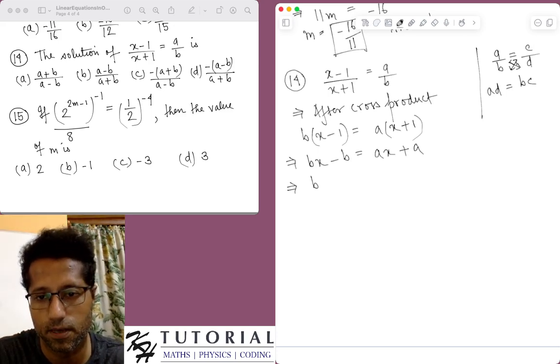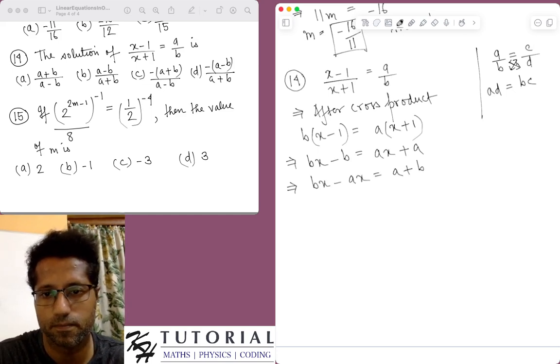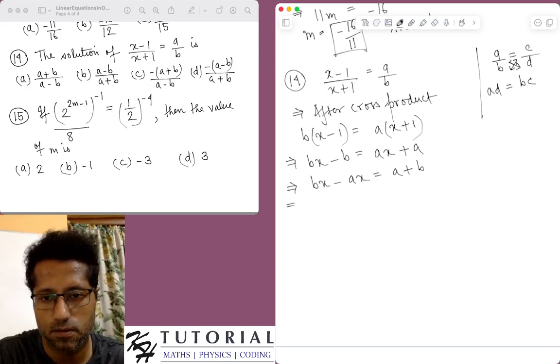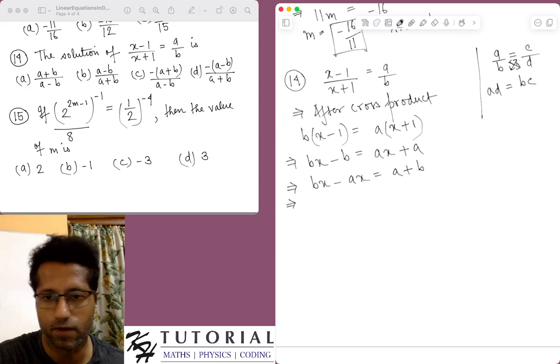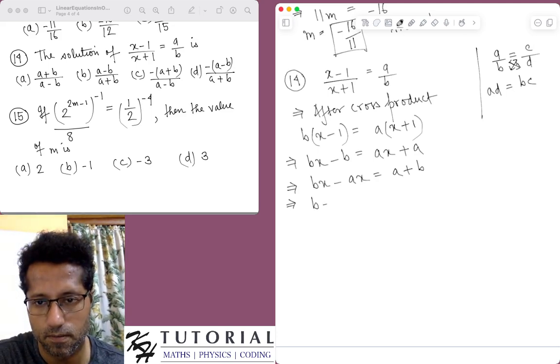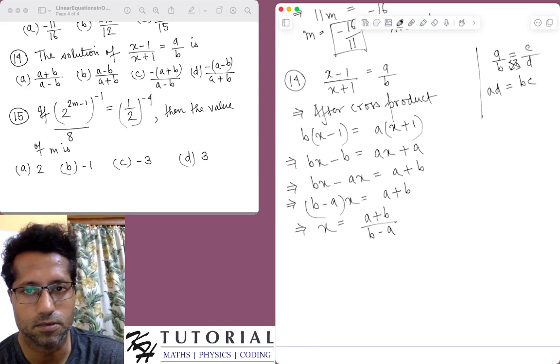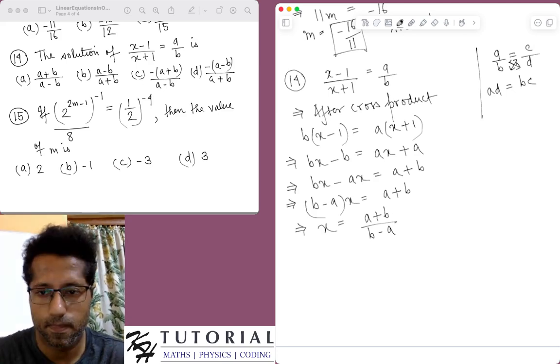We get bx minus ax equals a plus b. If we simplify bx minus ax, this is b minus a into x equals a plus b. So x equals a plus b divided by b minus a.